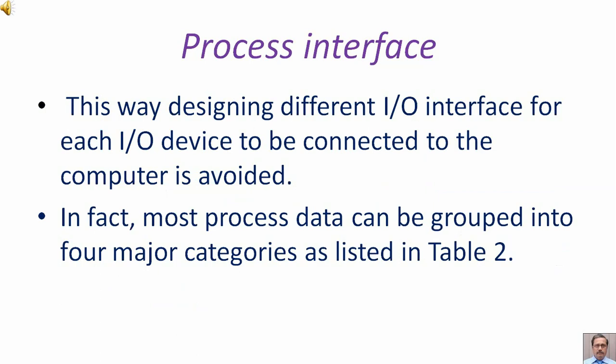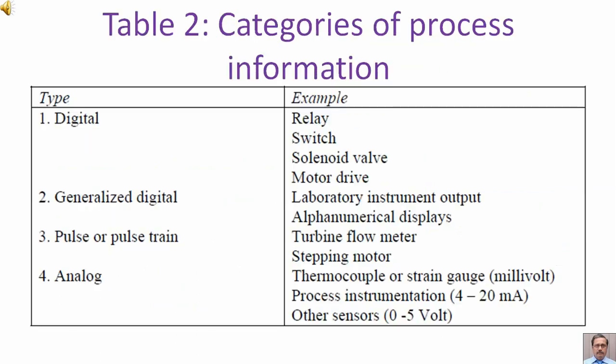In fact, most process data can be grouped into 4 major categories as listed in Table 2. Table 2. Categories of process information. According to this table, the first category is digital.